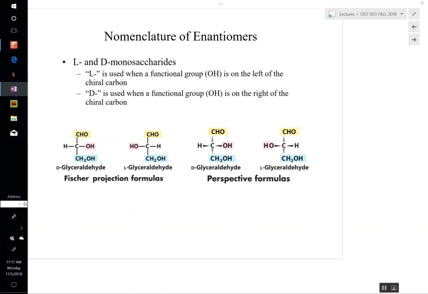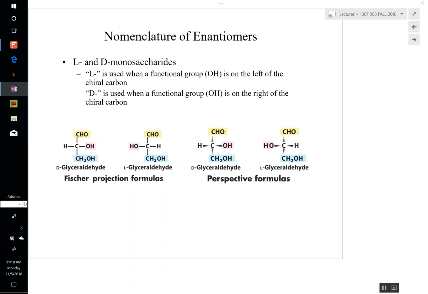Just focus on the 6, 5, 4 carbons: the bottom one, the one below it, and the ones right above that. Those are the three. Do with those three what I have done with the glyceraldehyde. Just worry about the bottom three carbons.